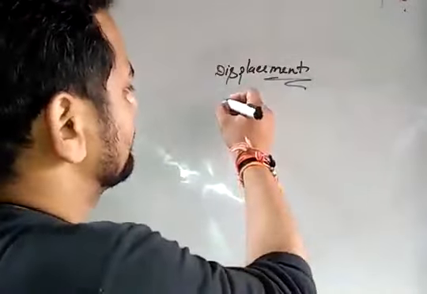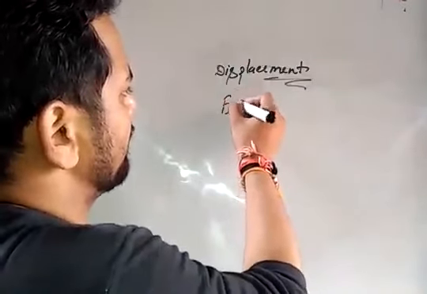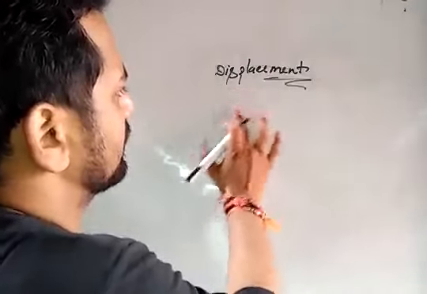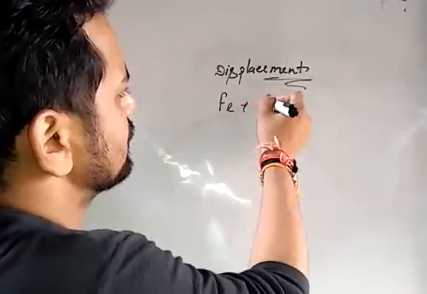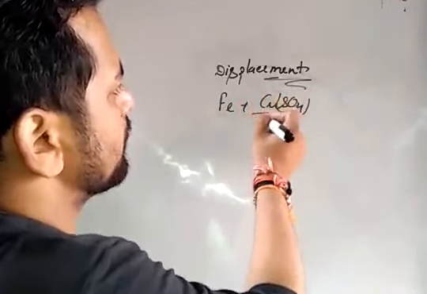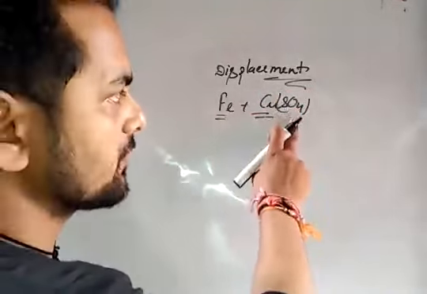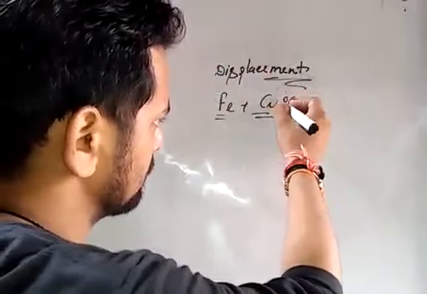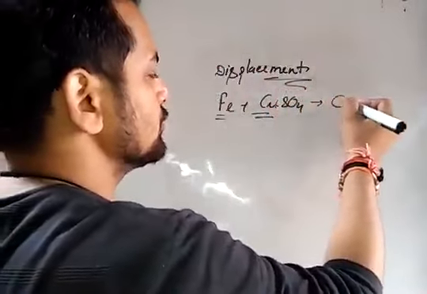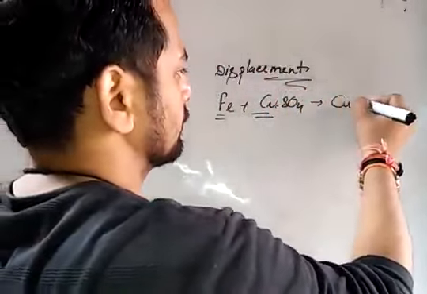For example, Fe plus CuSO4, in which copper is less reactive than the iron. So iron will displace the copper from the copper sulfate solution, forming Cu plus FeSO4. This is the displacement reaction.